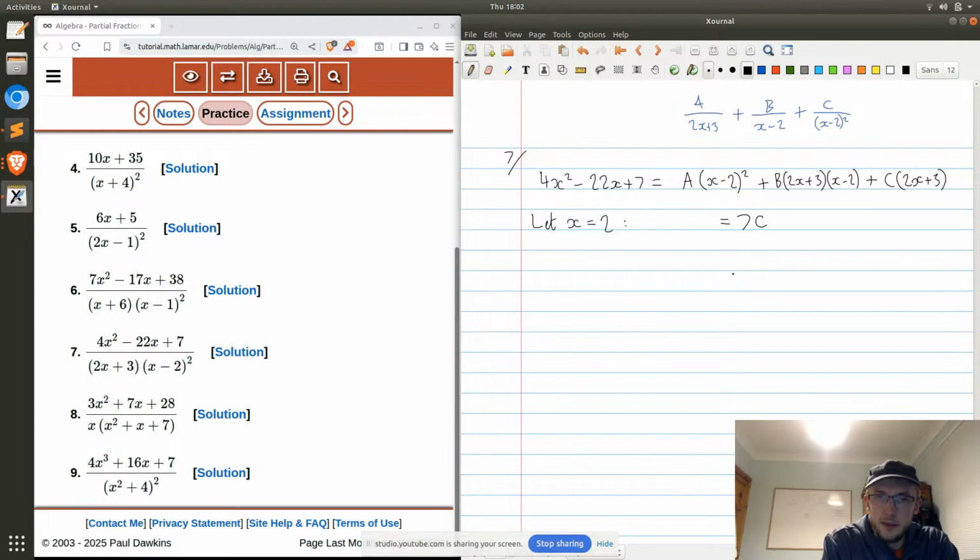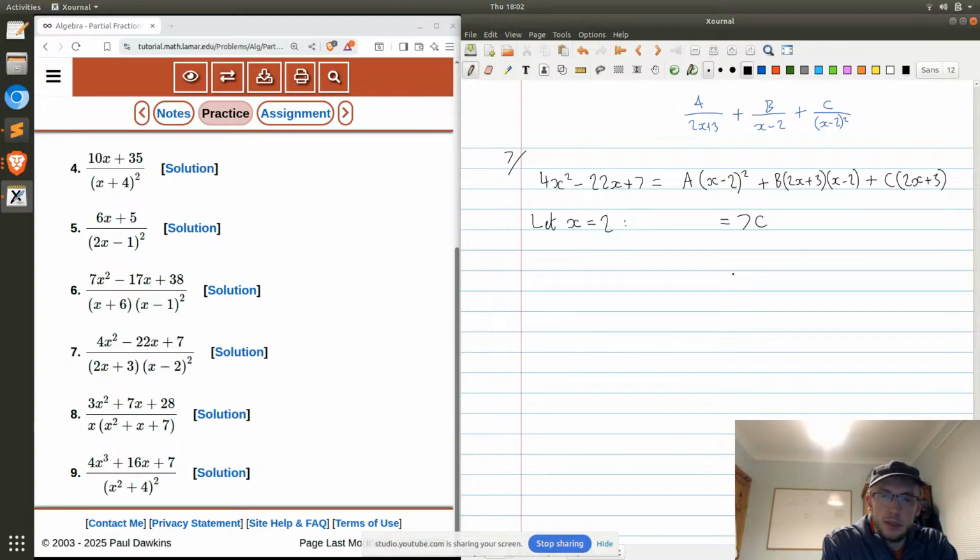And on the left, 4 times 2 squared, take 22 times 2 plus 7. 4 times 2 squared is 16. Then 16 minus 44 is minus 28, right?